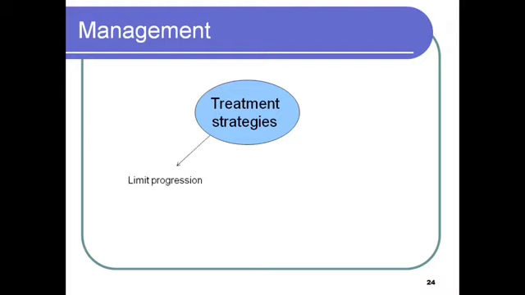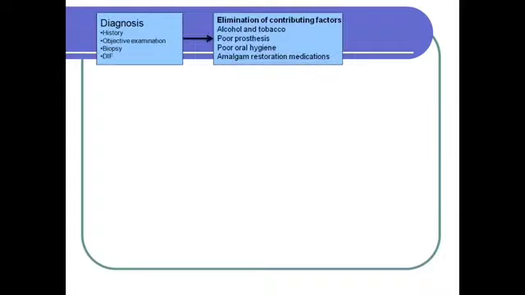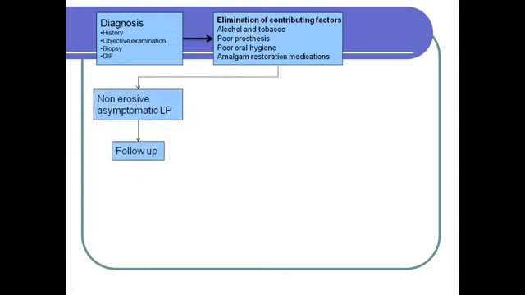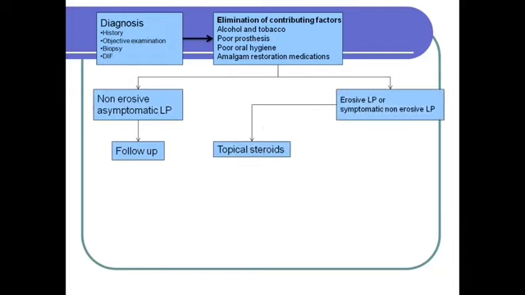Treatment strategies are limiting the progression of disease, reducing the exacerbations, and relieving the symptoms. In diagnosis, we have history taking, examination, biopsy, and elimination of other contributing factors: alcohol, tobacco, poor prostheses, poor oral hygiene, amalgam restoration, medications. If it is non-erosive or asymptomatic, we just follow up. If it is erosive or symptomatic non-erosive, we start topical steroids.